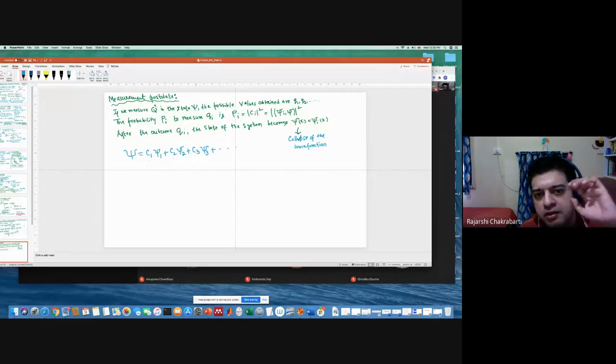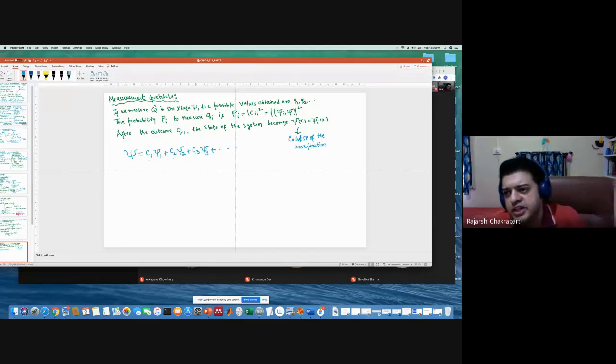So mod of C1 square is for Q1, mod of C2 square is for Q2, so on and so forth. And after the outcome, after you measure, the state of the system actually collapses to that particular eigenstate. And this is called the collapse of the wave function. So each time I measure, say I try to measure the particle in a box energy, first time I get energy say E2, so my system collapses to psi2.